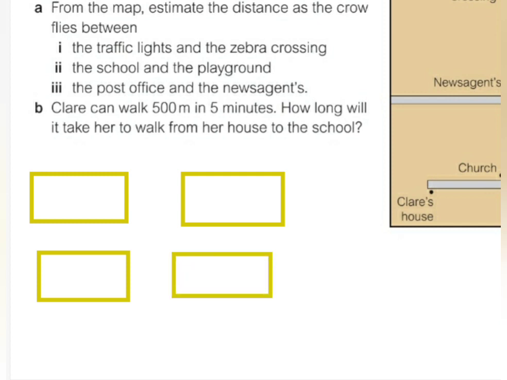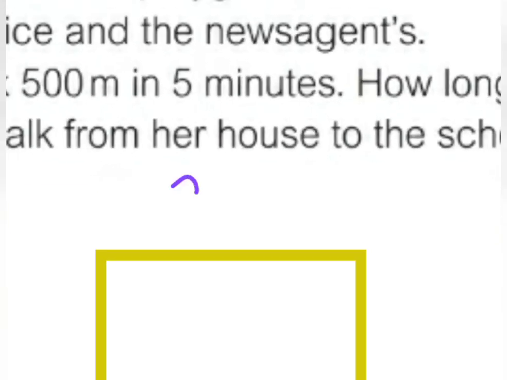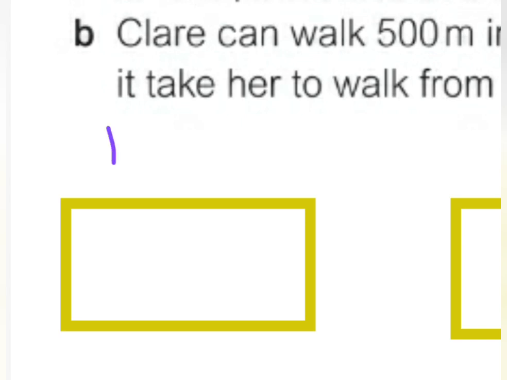And then on top of the boxes, so we don't get confused with the question, we put real life here, and here we put map. Now we put X in the middle, so we know what to do.